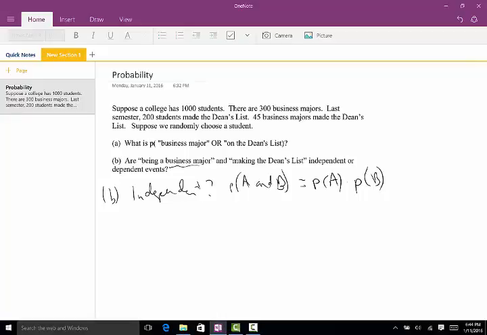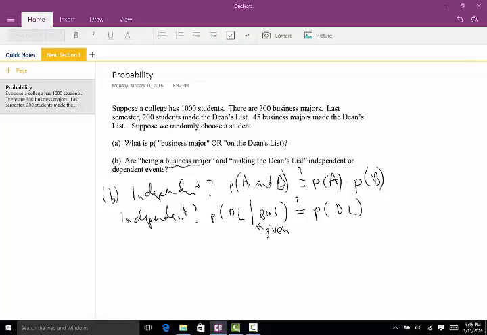There's another way, though, and I'm going to use that way. It's more intuitive, I believe. It's using what's called conditional probability. So another way to see if they're independent is to check whether the probability that the student made the dean's list, given that the student is a business major, is equal to the probability of the student making the dean's list, not knowing anything about the student's major.